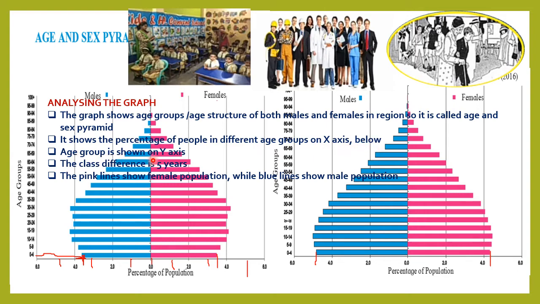The age group is shown on the y-axis, as I had shown you. The class difference is 5 years. Class difference means class interval. The pink lines show the female population while the blue lines show the male population.